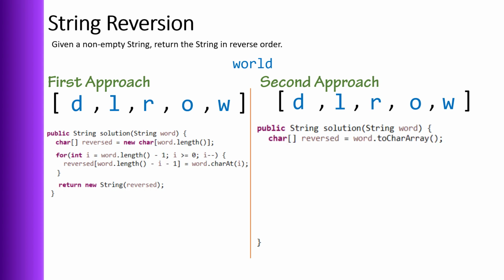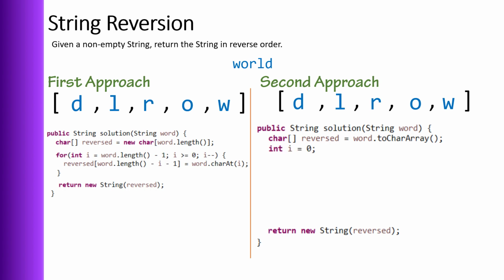And then in this case, we would be assigning word.toCharArray. The toCharArray method would actually convert the string to a character array. So we are initializing this character array with each value. And then similar to the first approach, you would be returning the string equivalent of this character array.